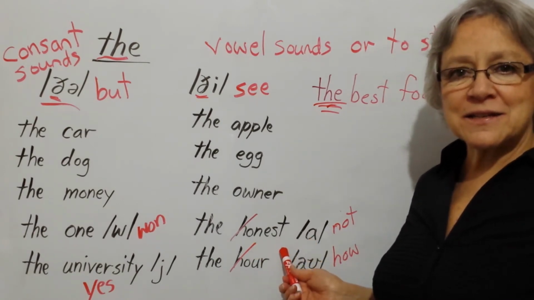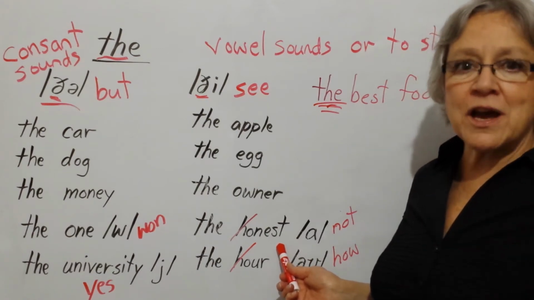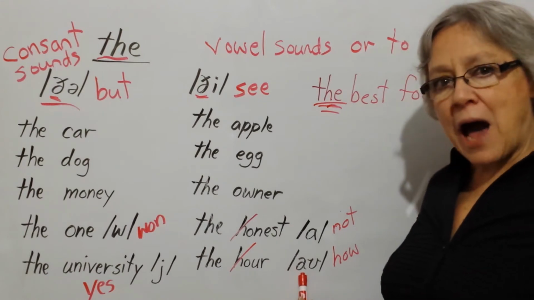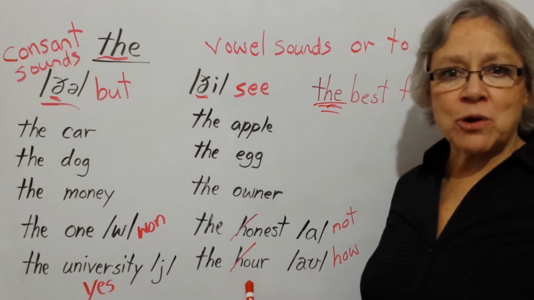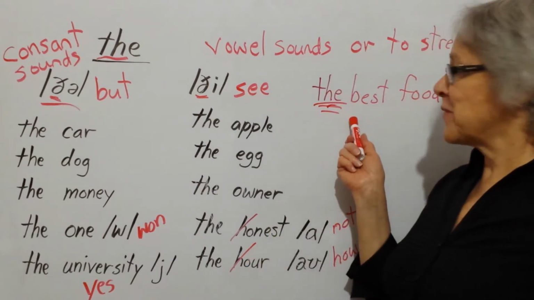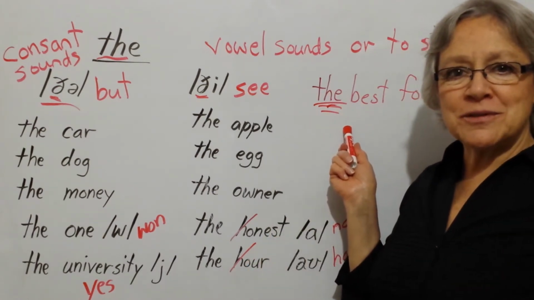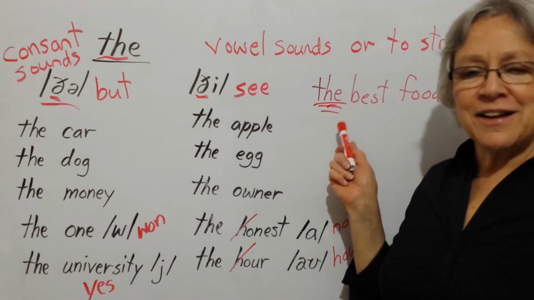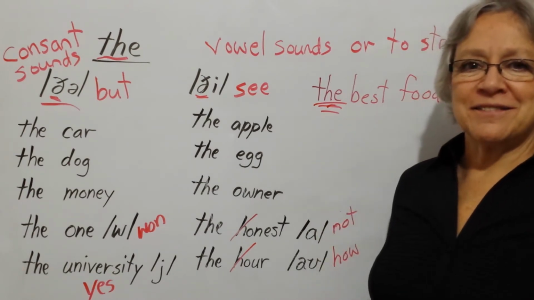The honest, the honest. For example, the honest man. Okay? And this starts with ow. The hour, the hour. Okay? And one more. The best food. That was the best food I've ever had. Can you say that? And stress the.